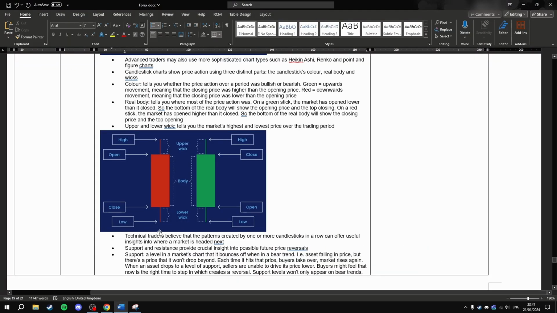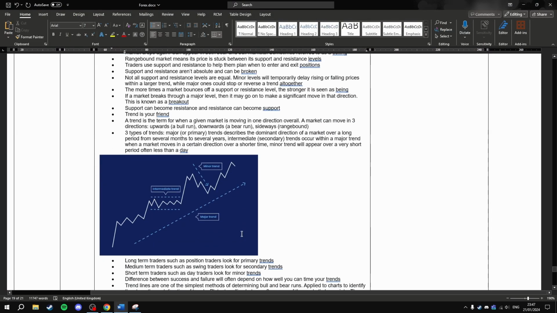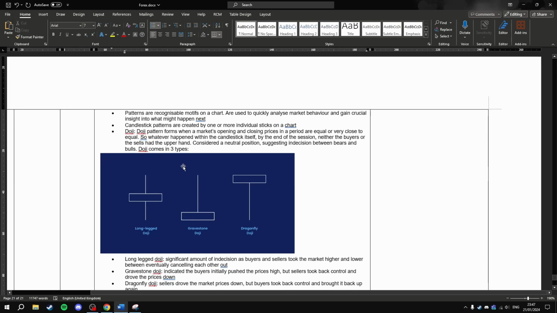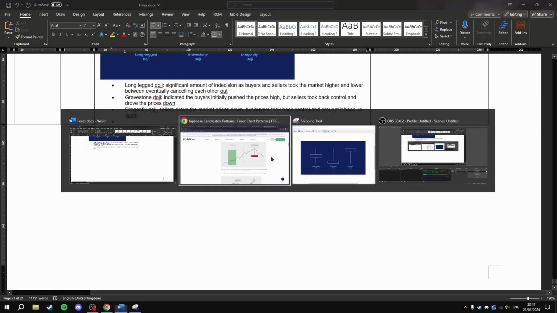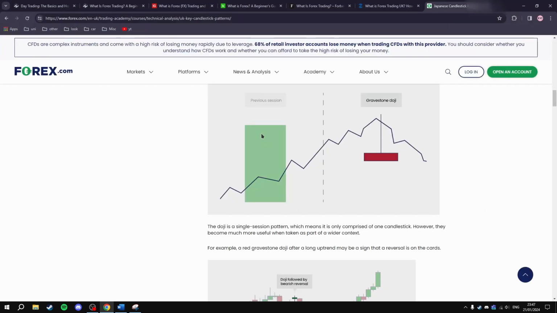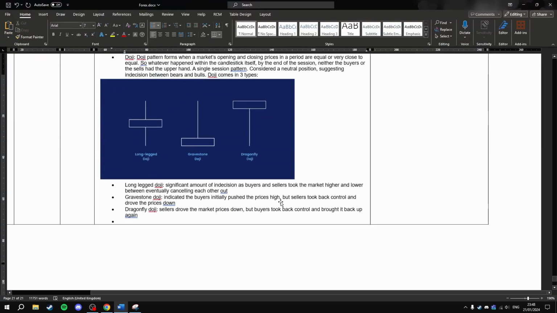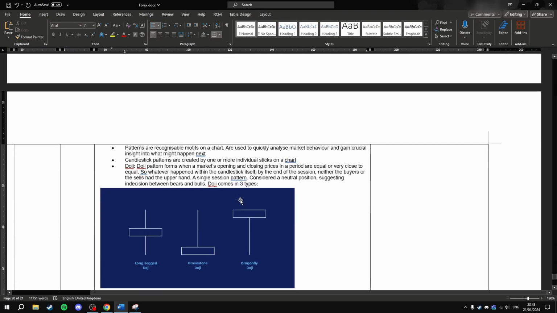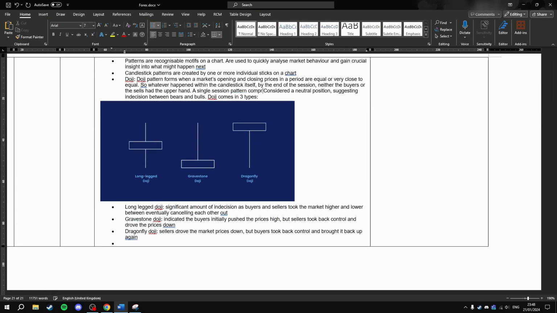Doji is a single session pattern comprised of one candlestick.